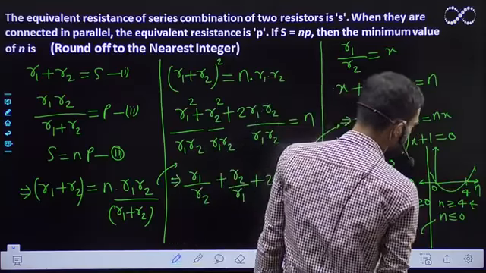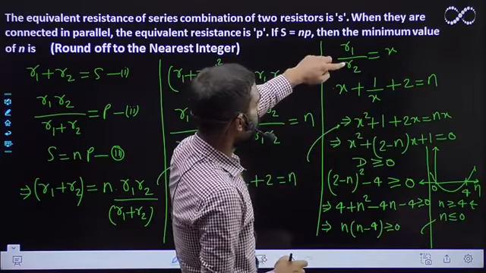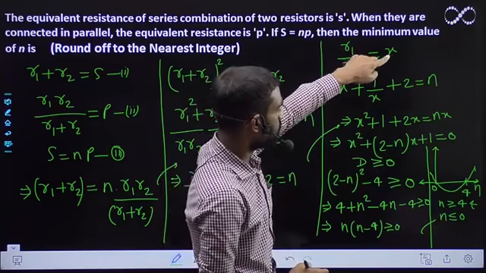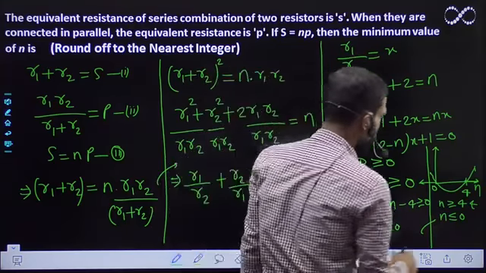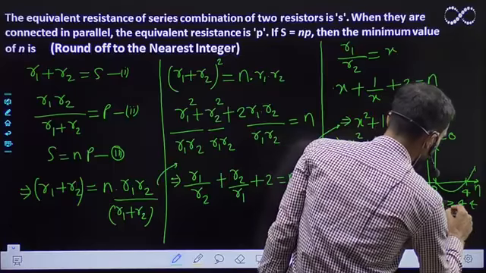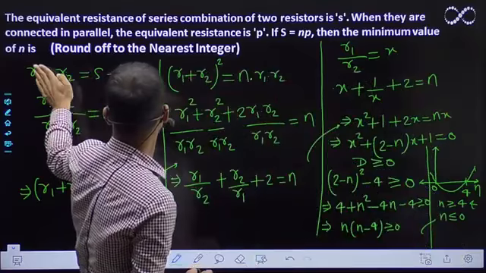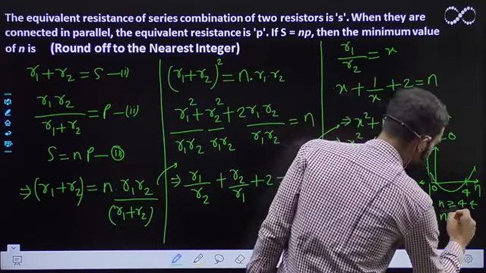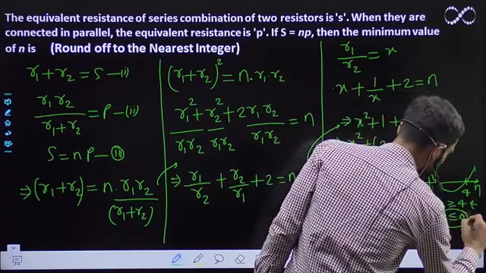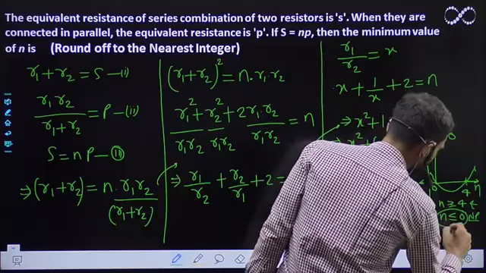Now you can see here, this cannot be possible, N smaller than equal to 0, because R1 is positive, R2 is positive, so the X must be positive. All right, so what will be the minimum value of N here? So this cannot be possible. So from here I can say the minimum value of N will be 4.